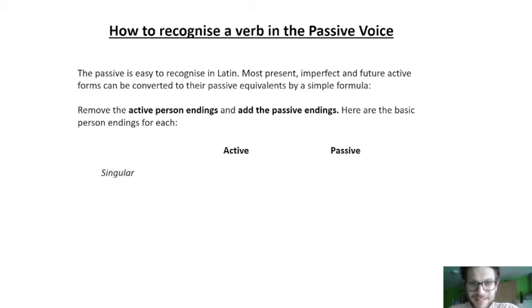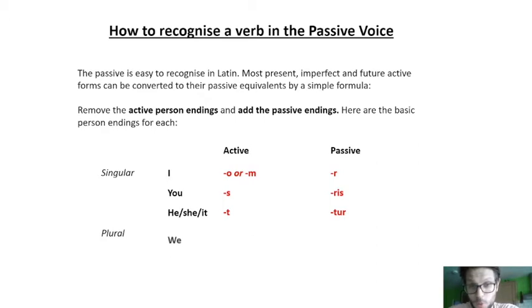So active, singular, I would be O or M. In the passive, it's R. You, singular: normal ending is an S, so whether it's imperfect, perfect, present, would normally end in S. And the passive, RIS. He, she, it, normally ends in T in the active. In the passive, TUR.